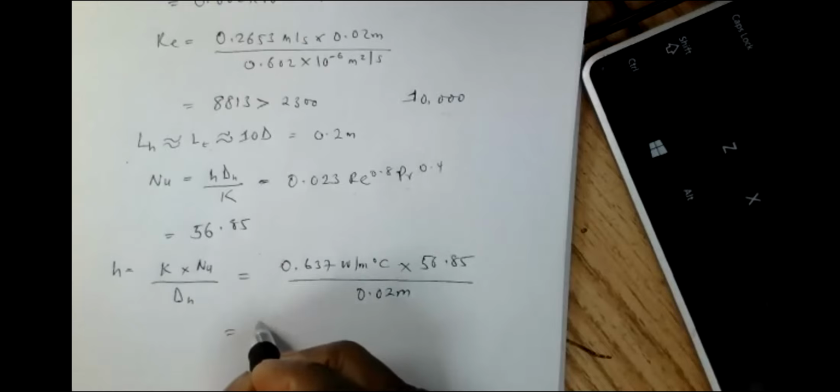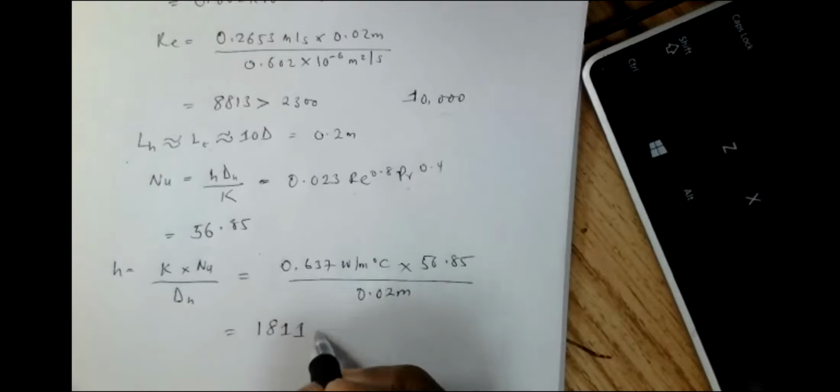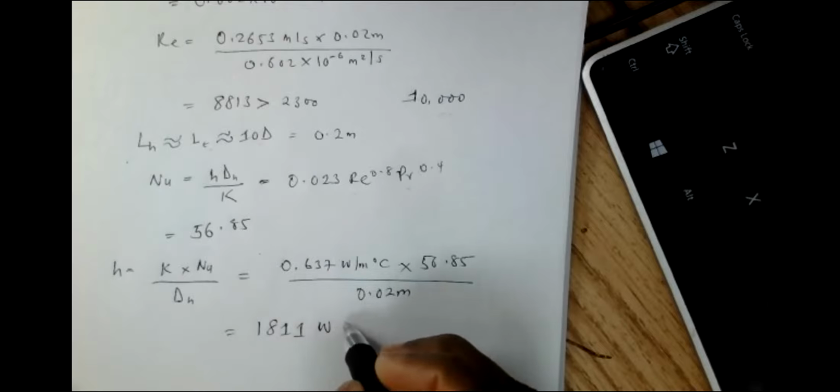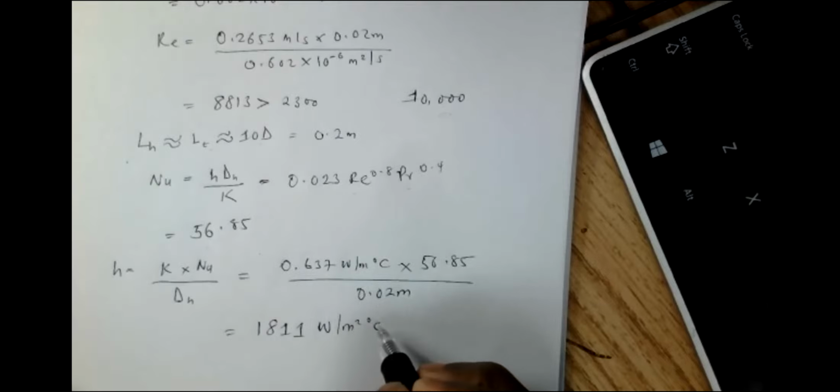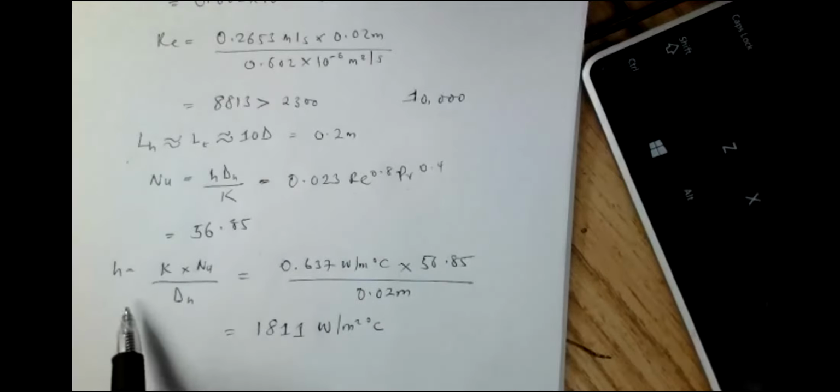I will get our h to be 1,811 watts per square meter degrees Celsius. So we know what the convection heat transfer coefficient is at that point.